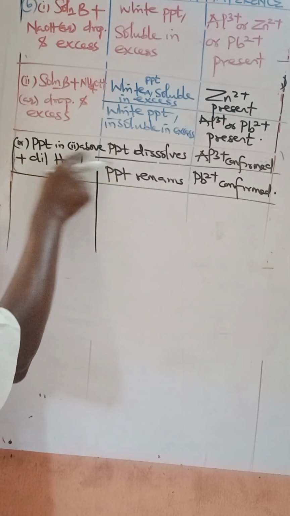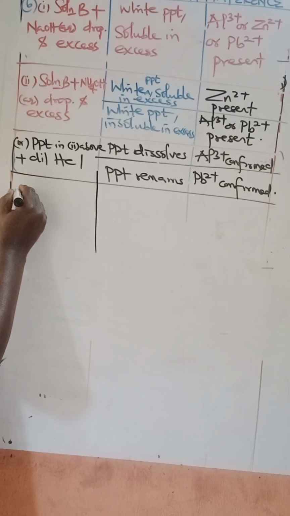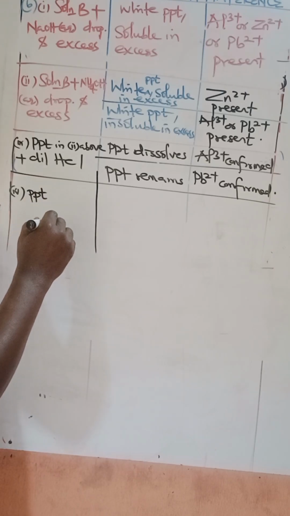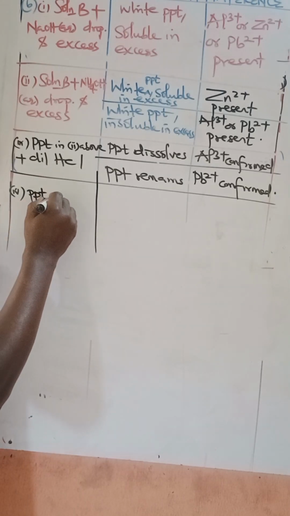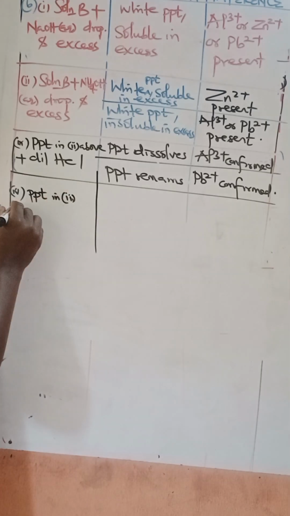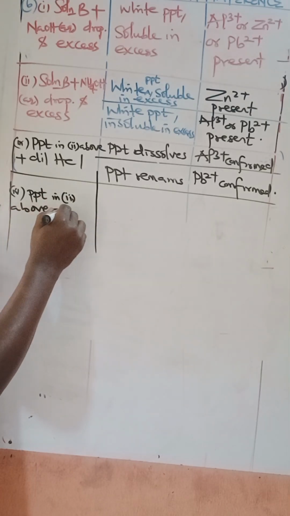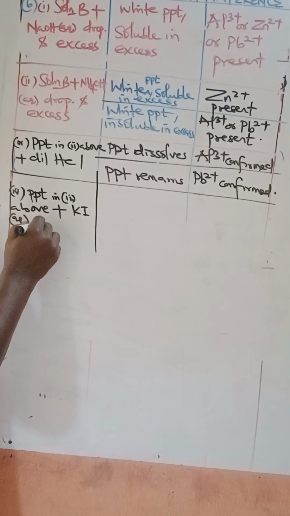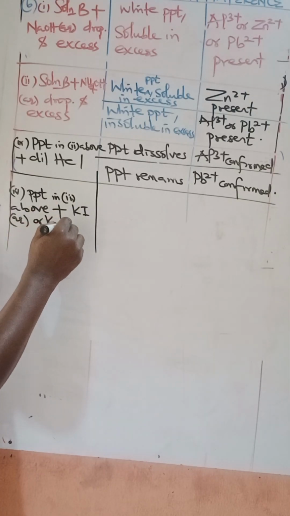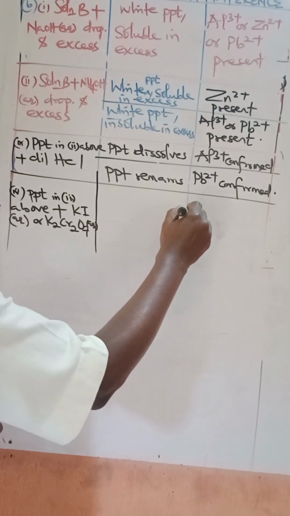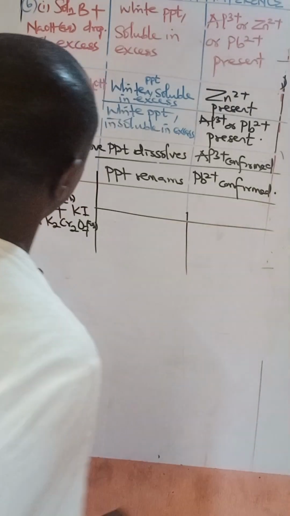If you cannot use this reagent, dilute HCl, there's another one we normally use for further confirmation. The precipitate in 2 above, plus potassium iodide solution, or you use acidified K2Cr2O7 solution. You can use this one as well.